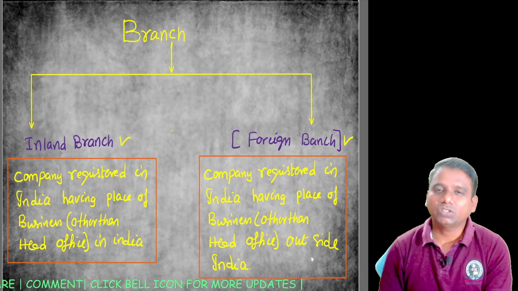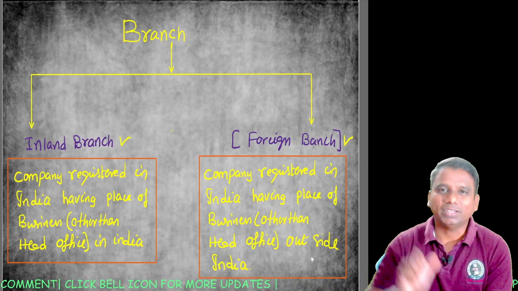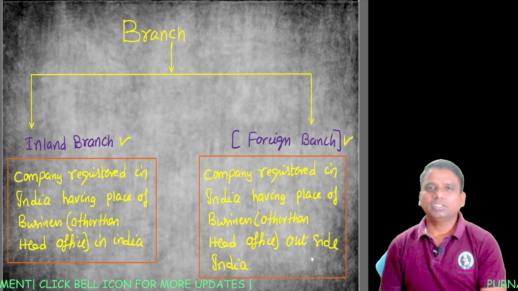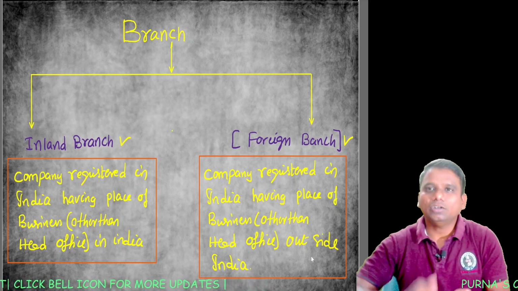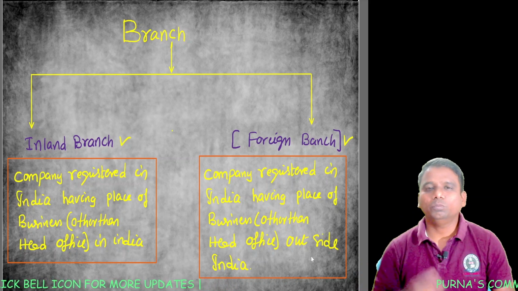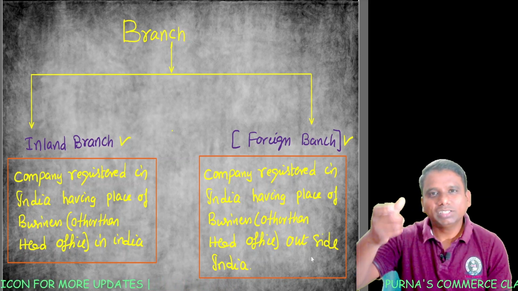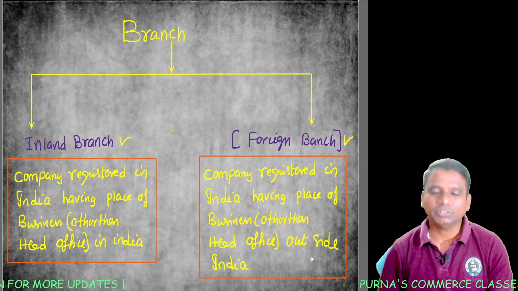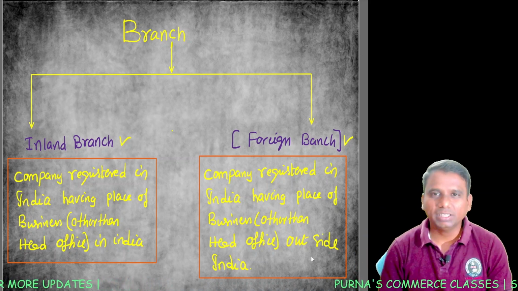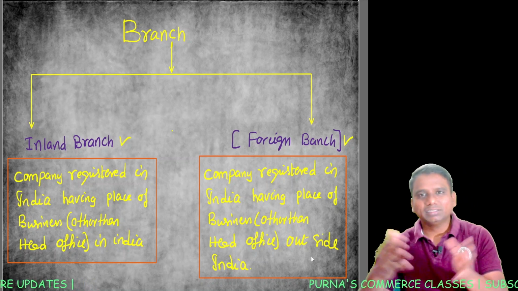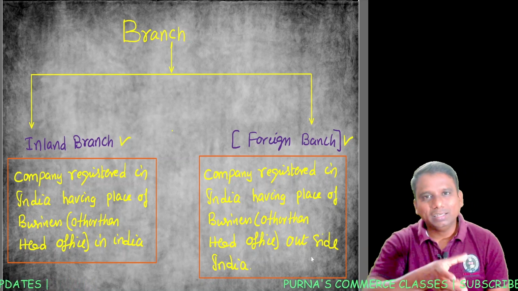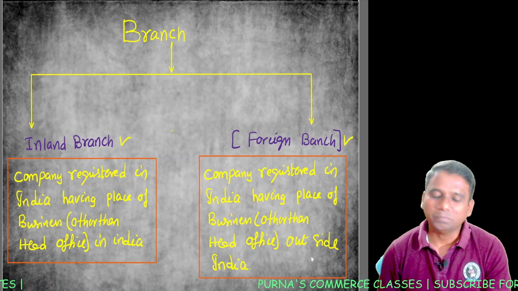Those branches are termed as foreign branches. Let us assume our business has also opened a new branch in USA. The USA branch is called a foreign branch because it is outside India. So branches can be broadly classified into inland branch and foreign branch.